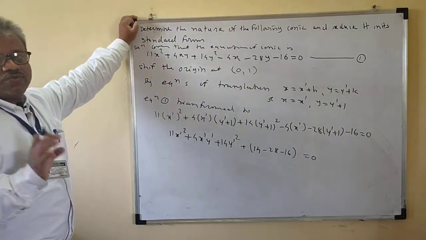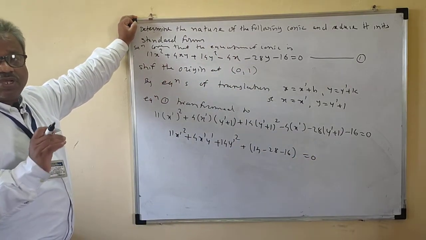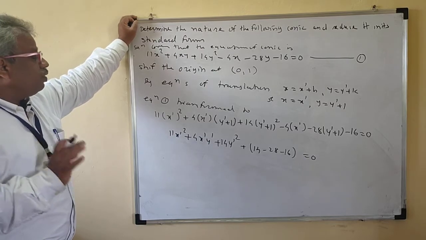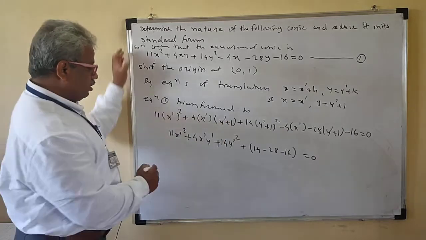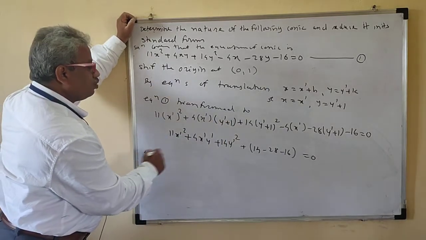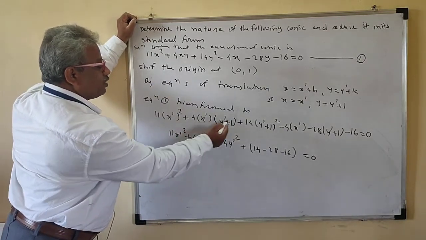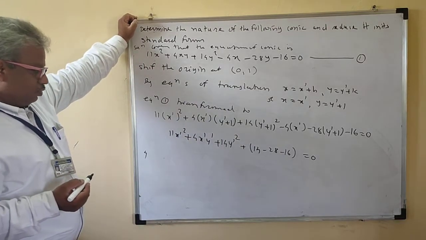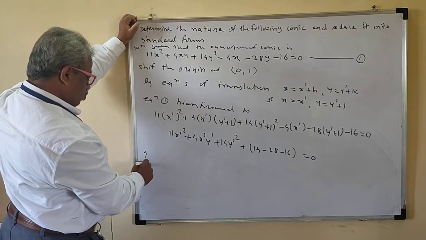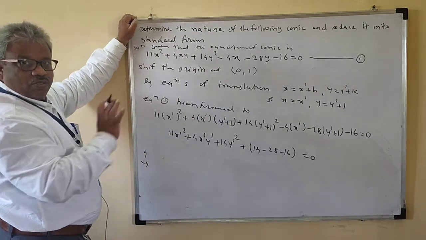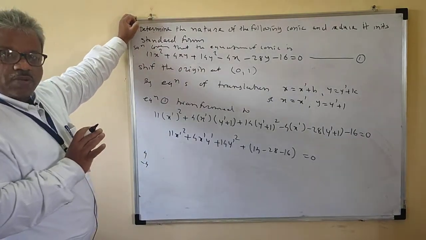For our convenience, we'll check whether the first degree terms vanish or not. So we collect the coefficient of x prime now, and check whether it is 0 or not. Here 4x prime into 1 is 4, and here there is minus 4 x prime. So 4 minus 4 is 0, so there is no term of x prime.